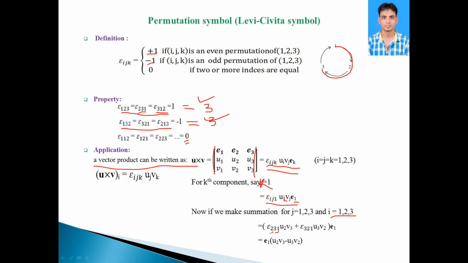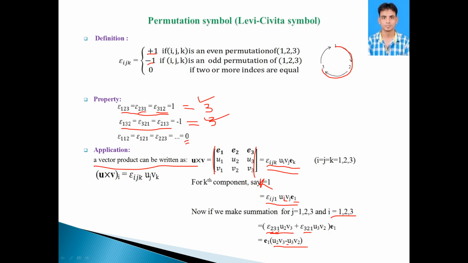So we can write epsilon 231 u2 v3 plus epsilon 321 u3 v2, in bracket e1. Now epsilon 231 gives positive because it is an even permutation, and 321 is an odd permutation, so it is minus.